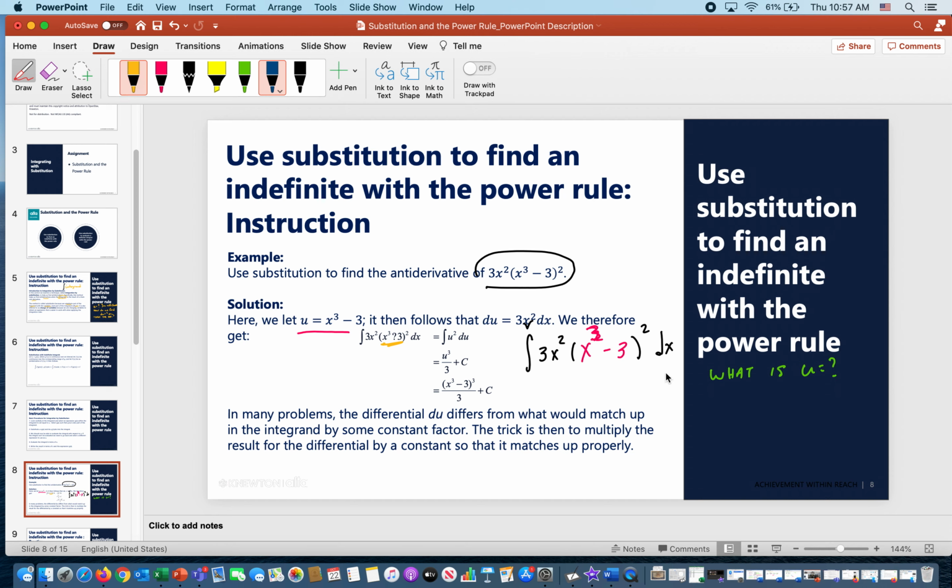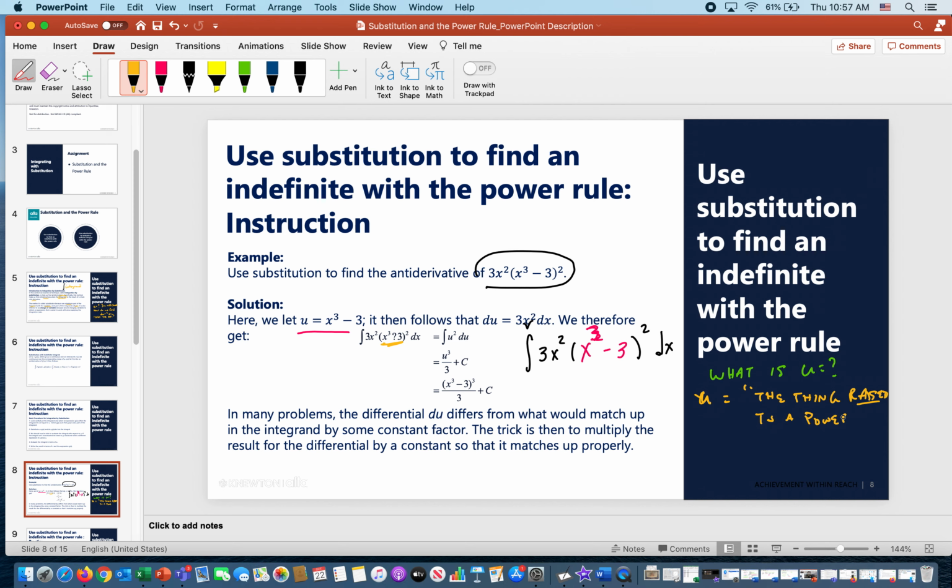Okay, you ready? U equals the thing that is raised to a power.